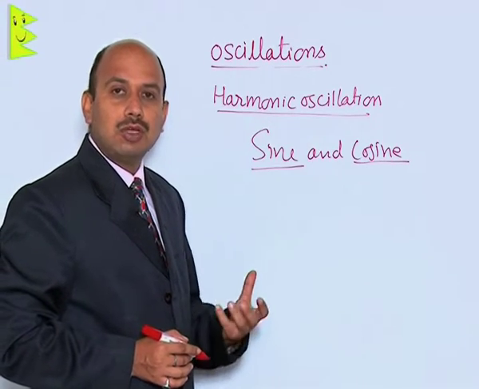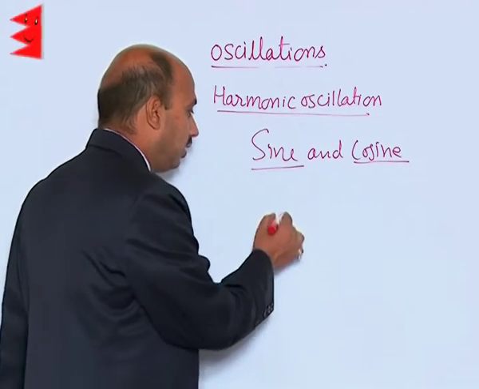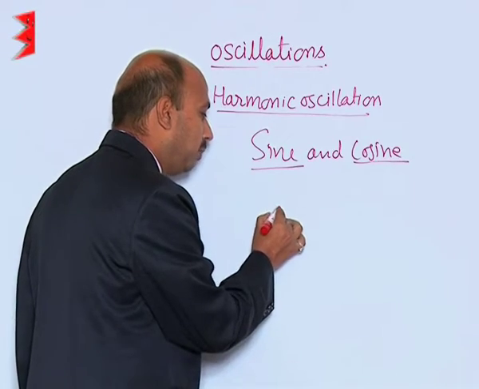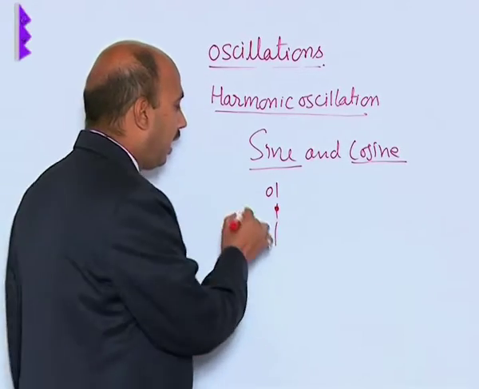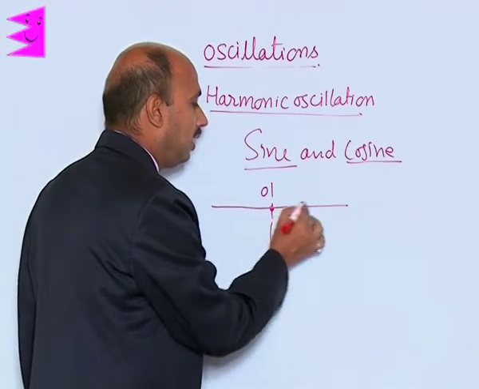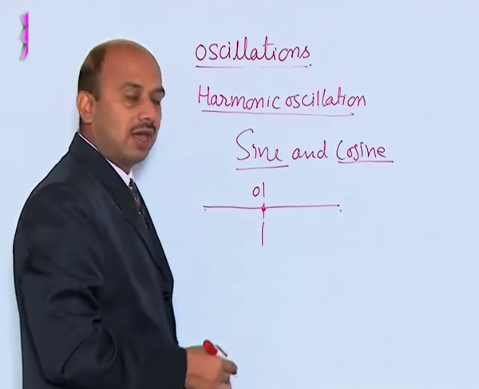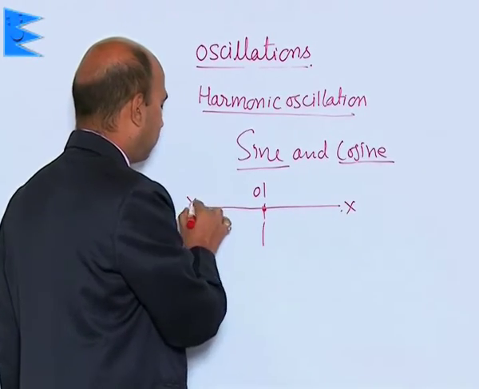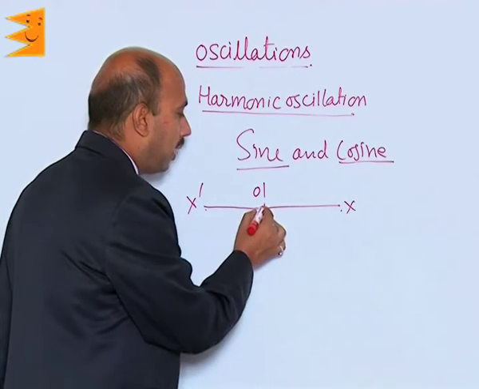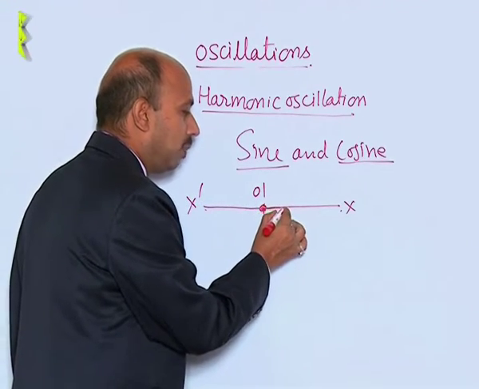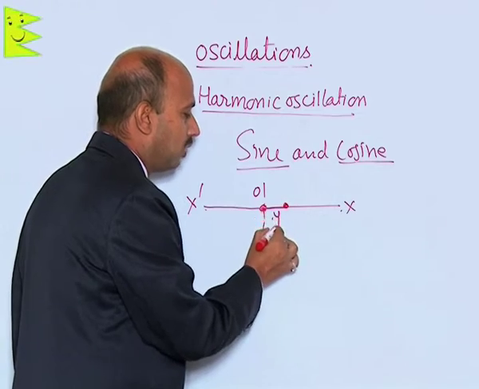But see, in harmonic oscillation, suppose this is the mean position of the particle, that is O, and this particle is oscillating along this line, x and x dash. This particle or body is displaced to this point by a small displacement y.